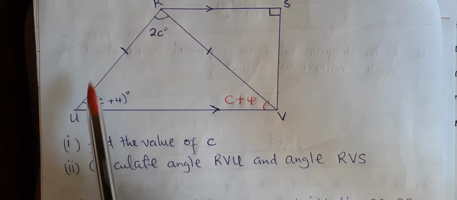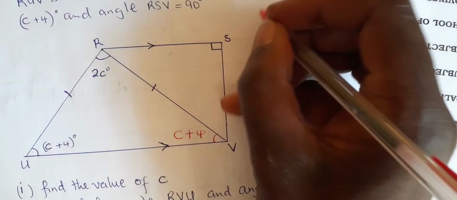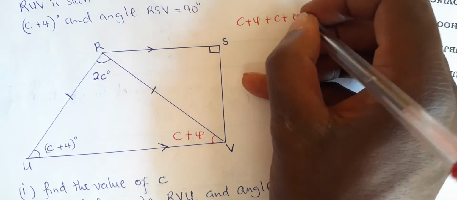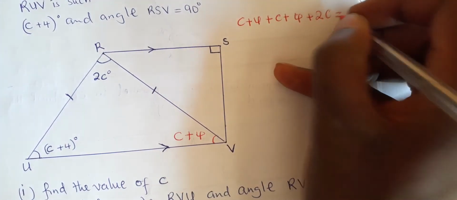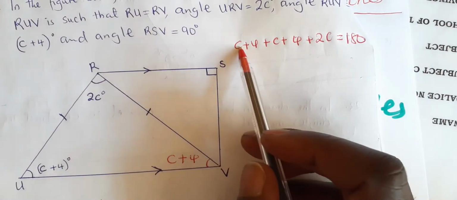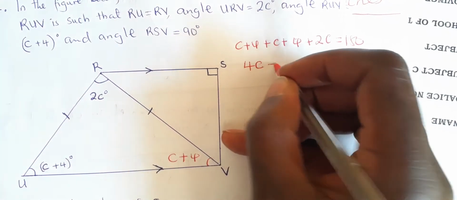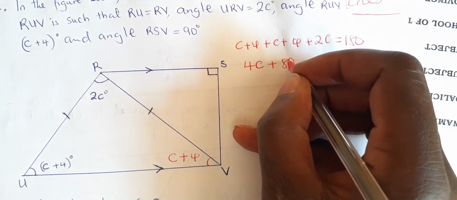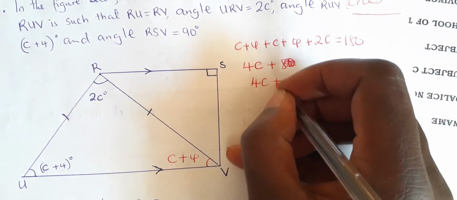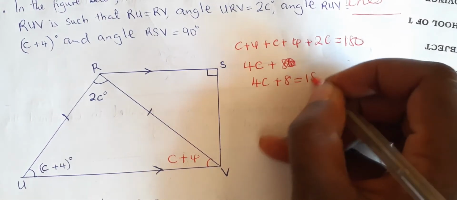So we have to add these three angles and equate them to 180. C plus 4 plus C plus 4 plus 2C must give us 180. C plus C plus 2C gives 4C, plus 4 and 4 gives 8, equals 180.